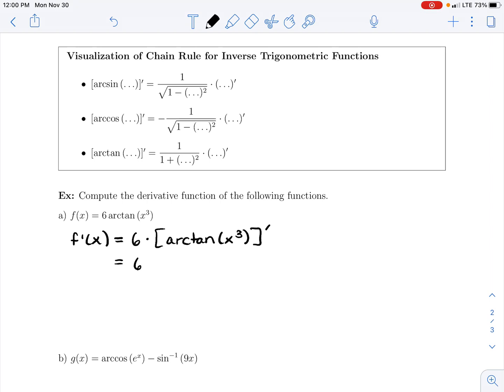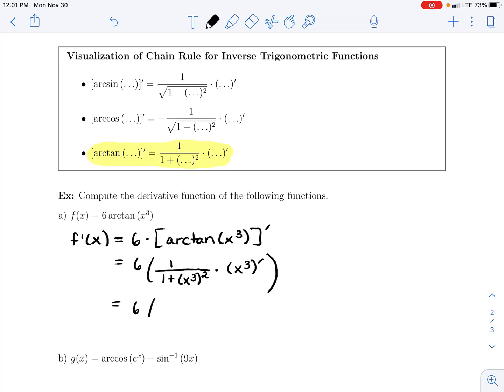And so this is going to give me 6 times, and now I'm using this rule here. This is 1 over 1 plus the parentheses squared, and then times the derivative of the parentheses.